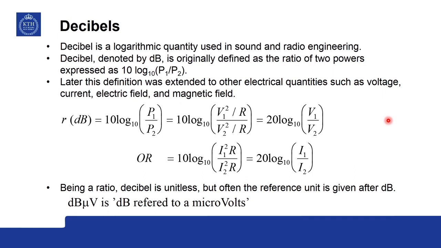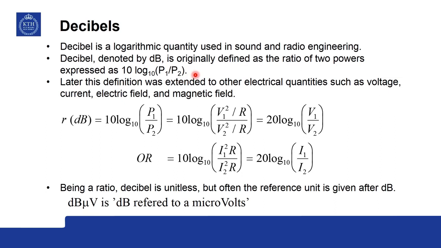So, decibel is a logarithmic quantity used in sound and radio engineering, and it is denoted by dB, small d and capital B. It is originally defined as the ratio of two powers expressed as 10 log to the base 10 of P1 and P2.